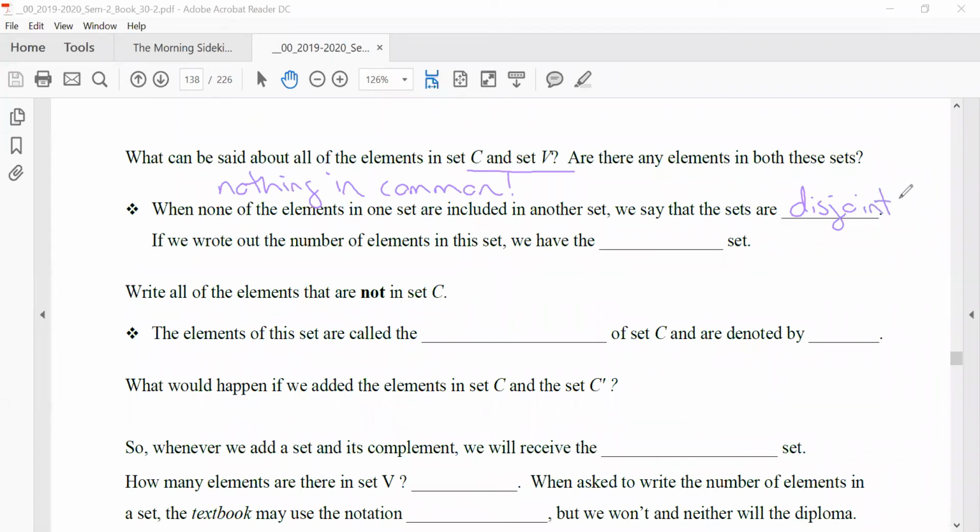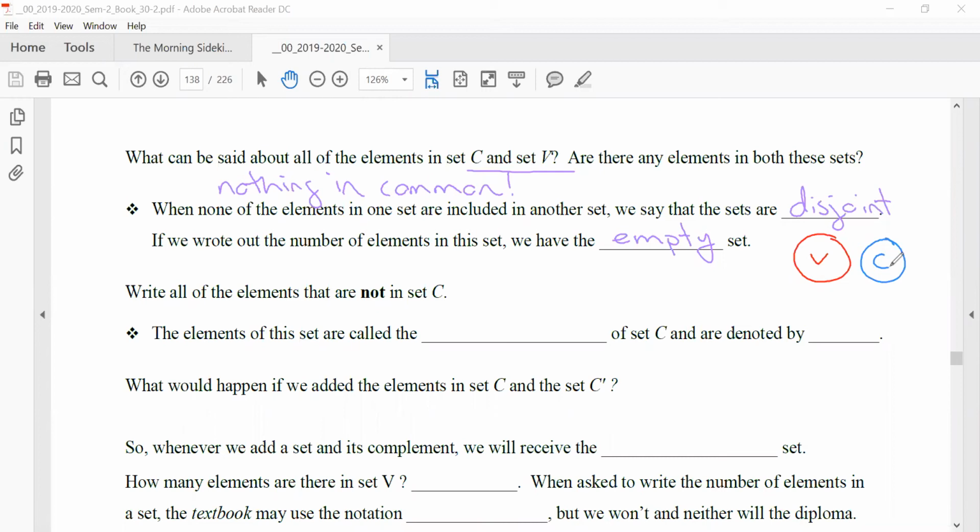So if we wrote out the number of elements in this set, they have nothing to do with each other, right? They don't overlap. I would call this the empty set, right? Because here's my vowels and here's my consonants. They have nothing to do with each other. They are called disjoint.